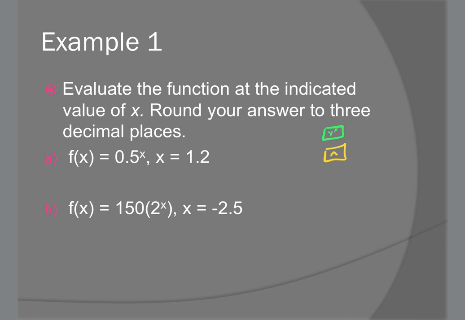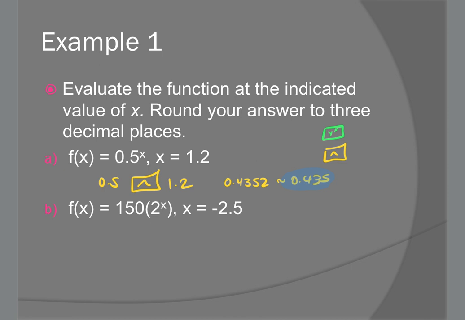So if I want to find 0.5 to the 1.2, I type in 0.5, then the caret, which is over the division sign, and then 1.2. You should get 0.4352, which is going to round to 0.435. So 3 decimal places is what I told you to keep this time.